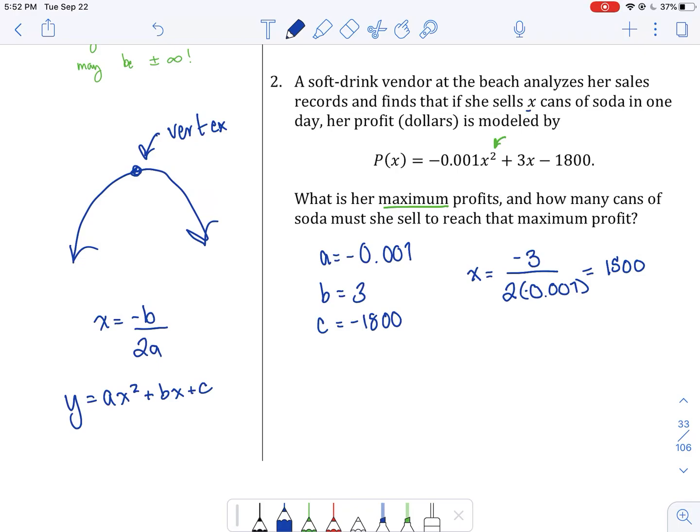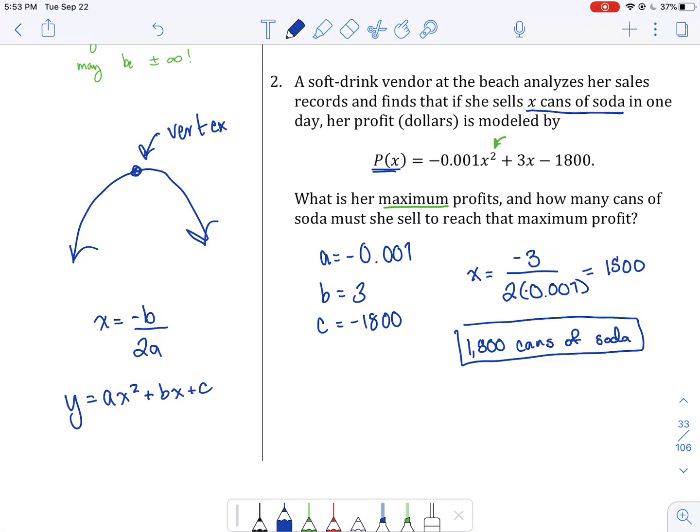So if x is the cans of soda, that is the number of cans that we would have to sell. So in order to reach the maximum profit, she needs to sell not 15,000. Goodness, that's very different. 1,500 cans of soda.